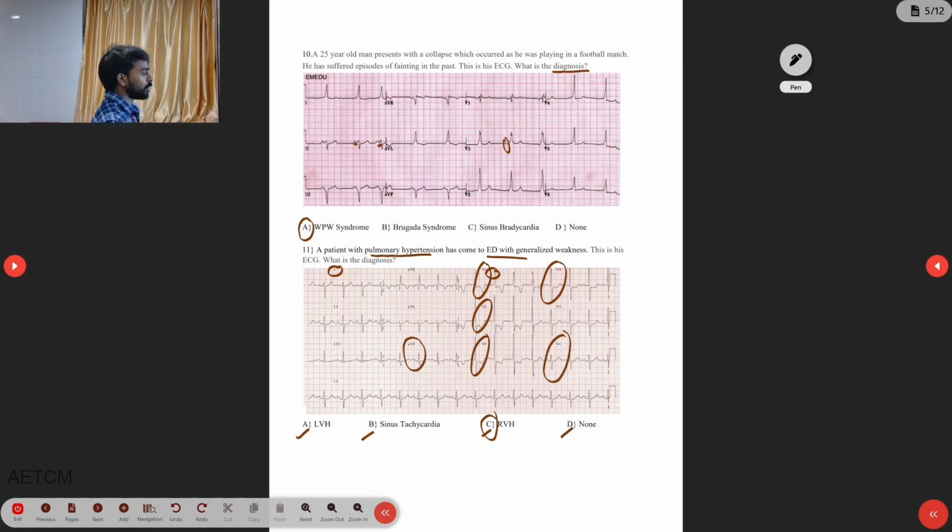So this is the RVH criteria. With the pulmonary hypertension, we can come to a conclusion based on these findings. It is right ventricular hypertrophy. So the 11th question answer is C, right ventricular hypertrophy.